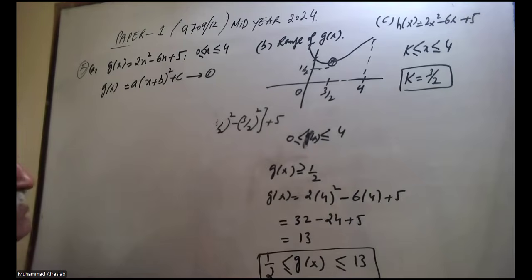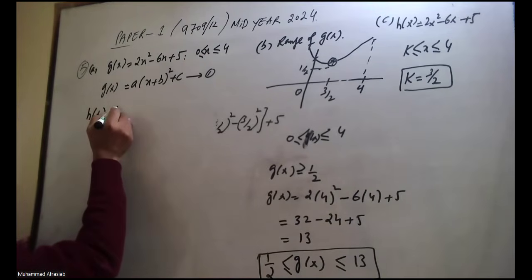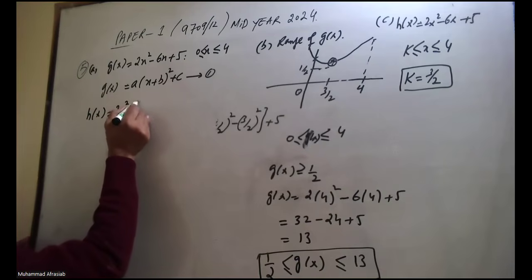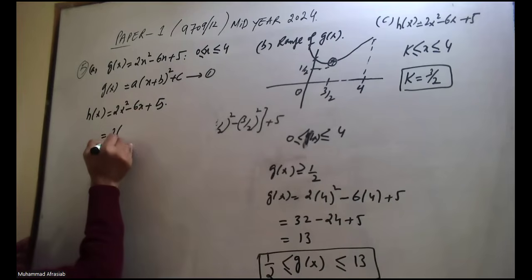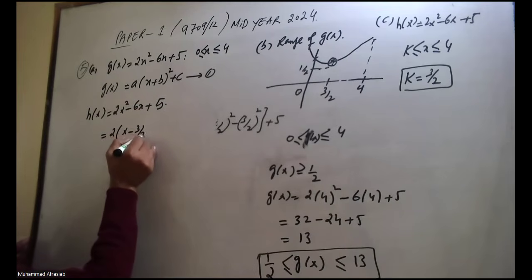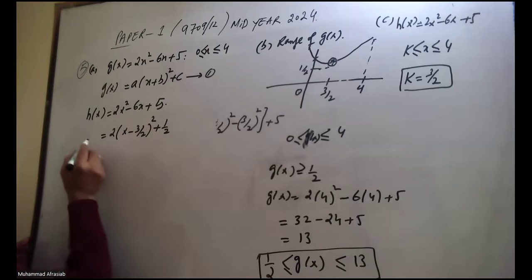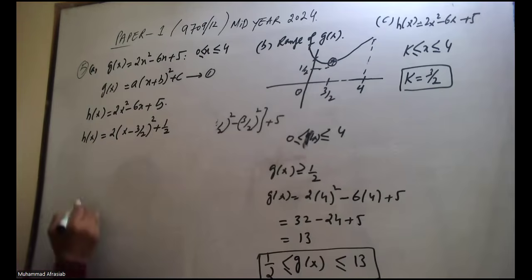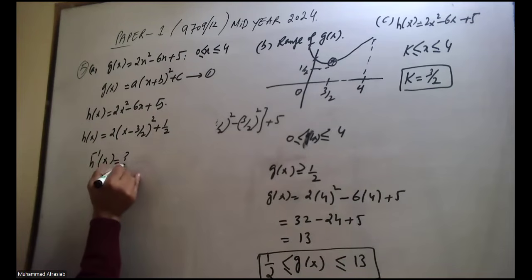Since h(x) is equal to 2x² − 6x + 5, which is being written in the form of 2 into (x − 3/2)² plus 1/2, that is equal to h(x). And you are finding now h inverse of x for this expression.